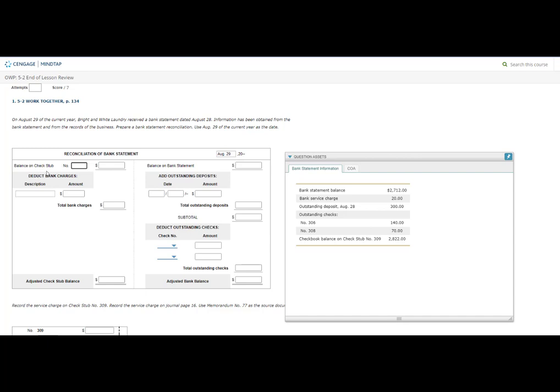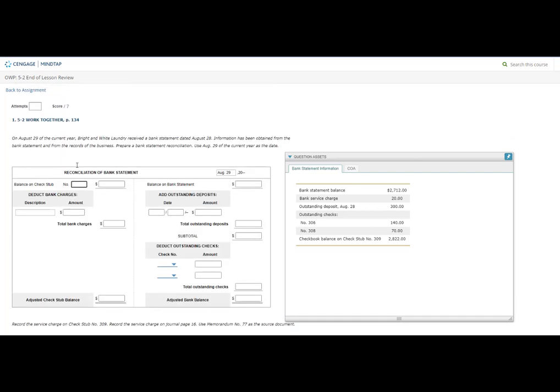It says balance on check stub, and it says number. So we go over here and we look, and we see the number is 309. And the balance was $2,822.